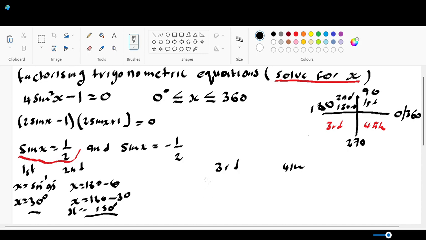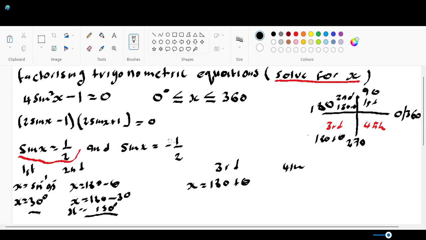So how do we represent the third quadrant? So the third quadrant, you can say x is equal to what? Yeah, x is equal to 180 plus theta. Remember, this is how we represent the third quadrant. Here on the third quadrant, you know it's 180 plus theta. Now remember, our acute angle here is the same as this one here.